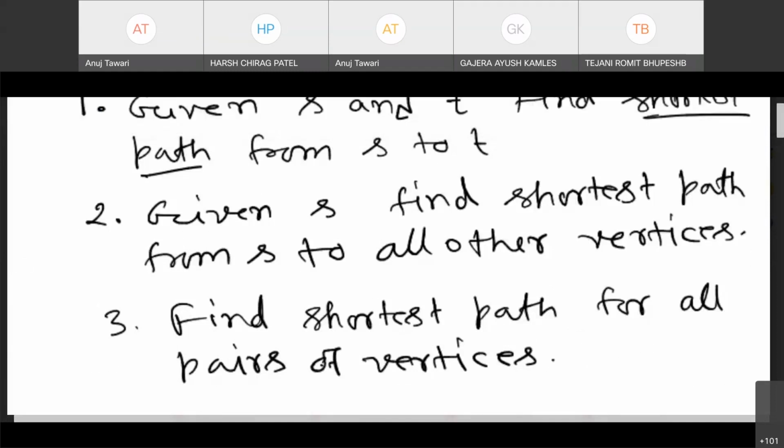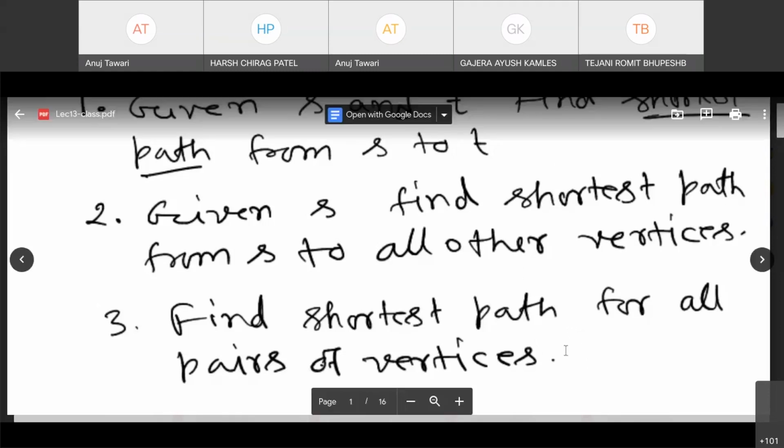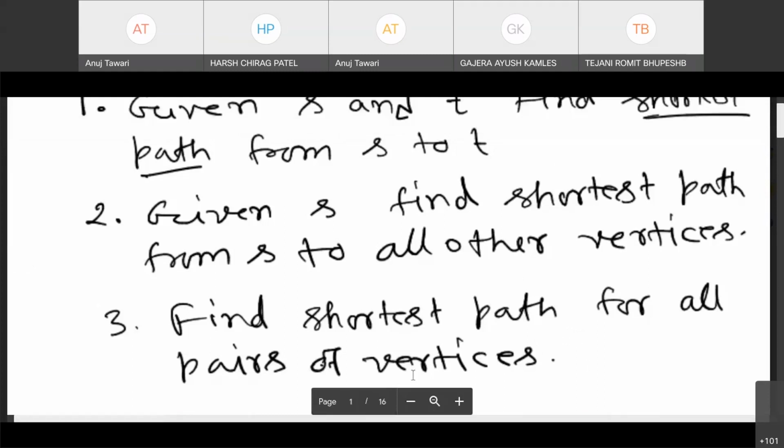And this problem has quite a few applications depending on what you consider your vertices and set of edges to be. So for instance, take this APSP problem, which is finding the shortest path for all pairs of vertices. One potential application is Google Maps. You want to go from one place to another.